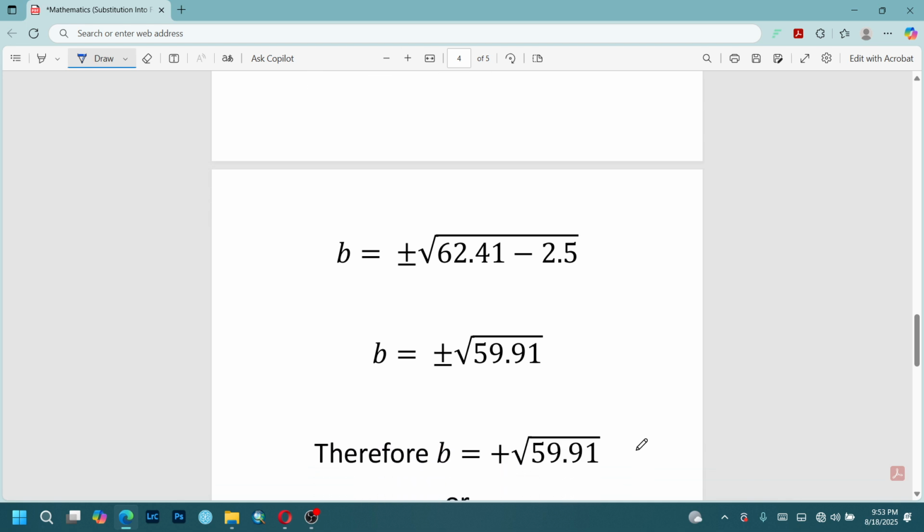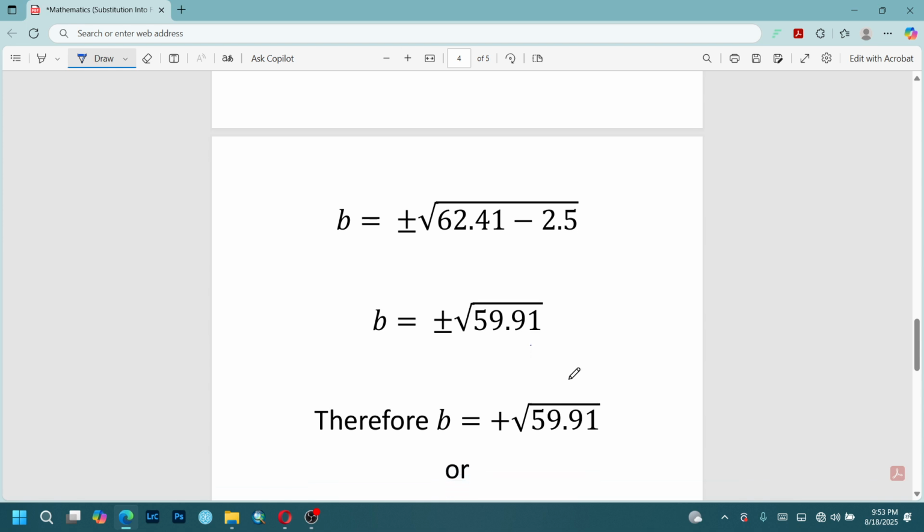So that means our final answer could be a positive square root of 59.91 or a negative square root of 59.91.